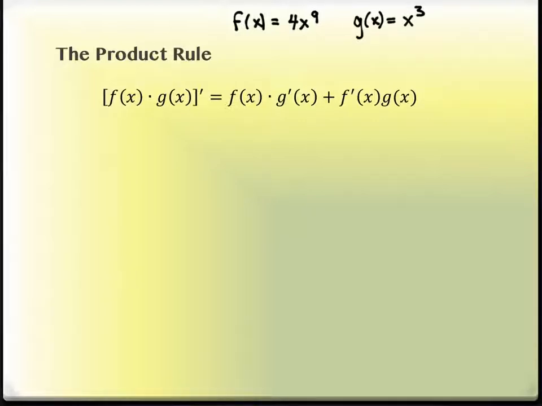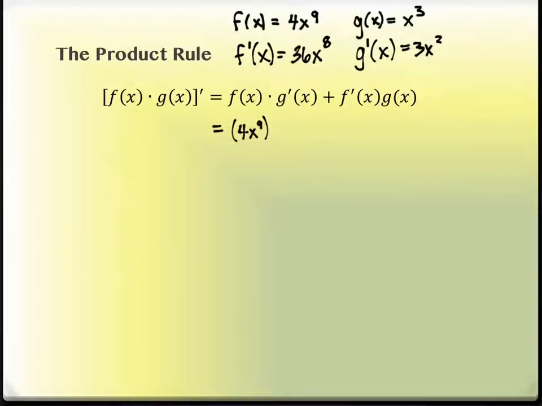We found that the derivative of our first function was 36x to the 8th, and the derivative of the second function was 3x squared. Those were all details from the previous slide; I'm just rewriting them. This says I should take the first function as is, so that's 4x to the 9th, and multiply it by the derivative of the second function, which was 3x squared.